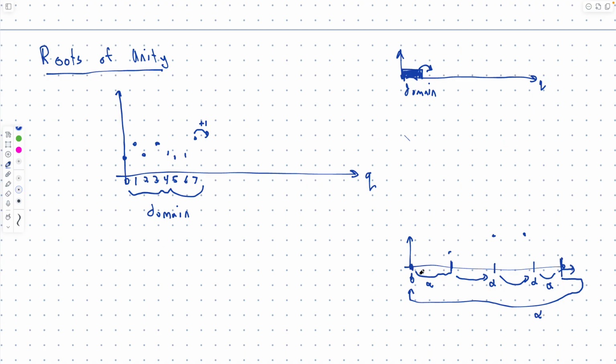Okay? So I have this alpha value, I keep moving over, and then the last one, when I add alpha, I go back to the start. Then it's closed under addition. How do I figure out what that value of alpha is that would let me space it out like that?